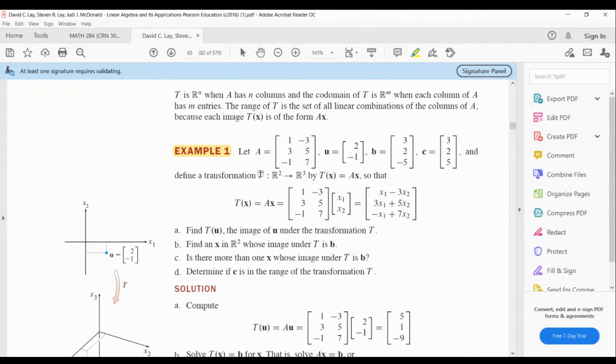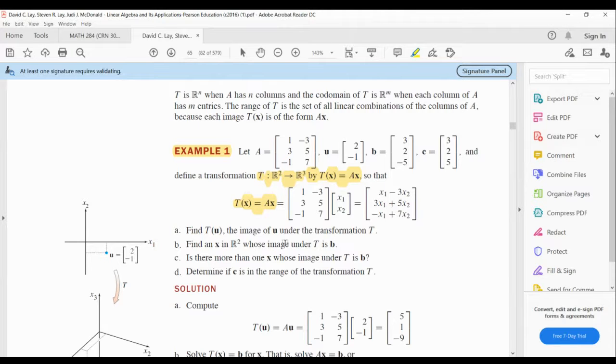They define a transformation that maps vectors from R squared into R cubed, from 2-dimensional space to 3-dimensional space, by A times x. That's your function, your transformation.